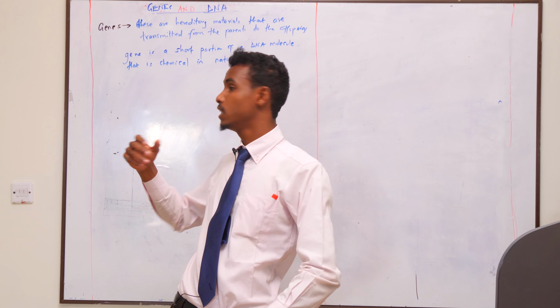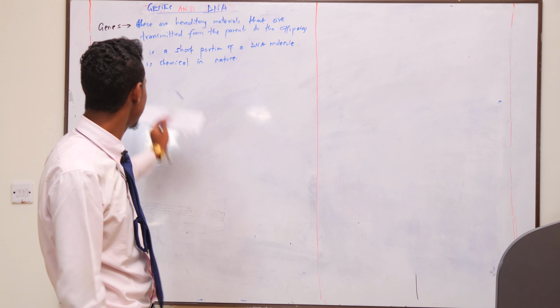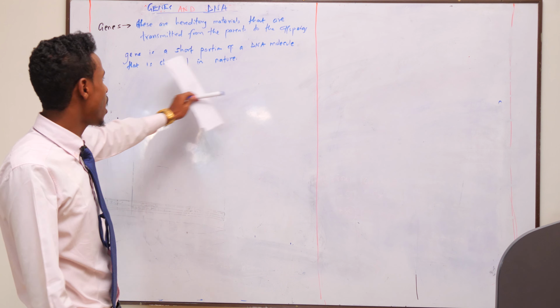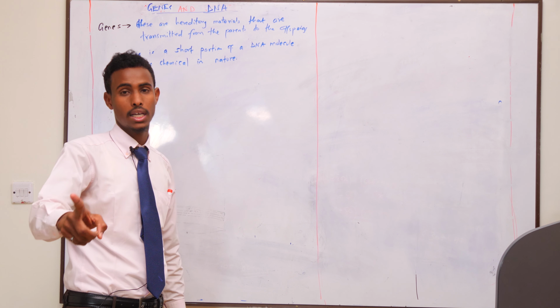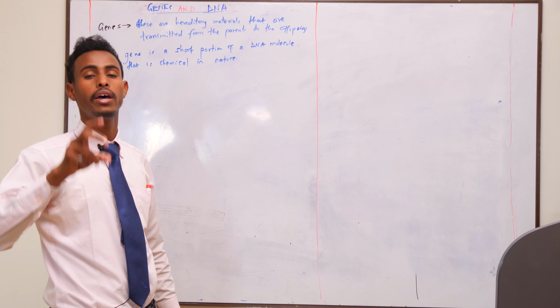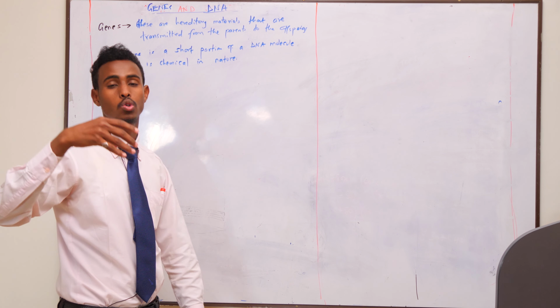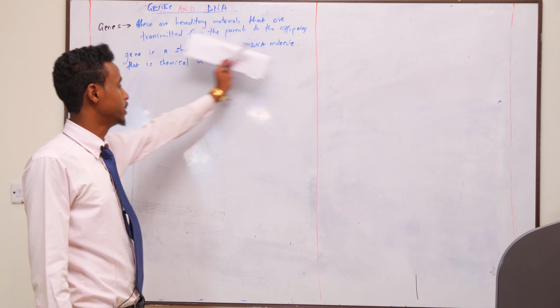And therefore, we say the genes are the chapters in a DNA. For instance, a DNA molecule may contain the genes for skin color, hair texture, the blood groups. It also contains the height. All those are contained in the DNA molecule.